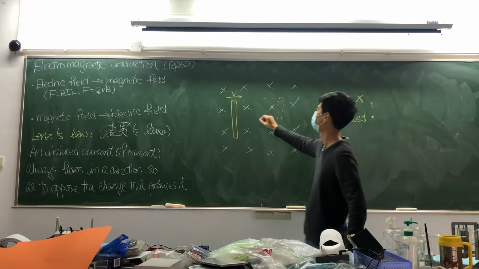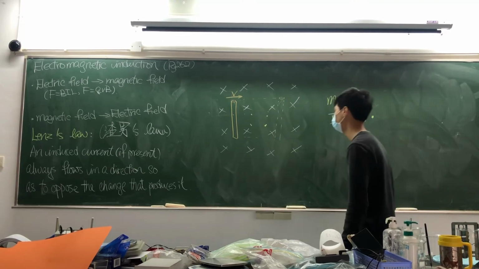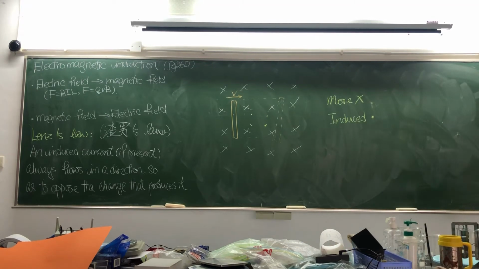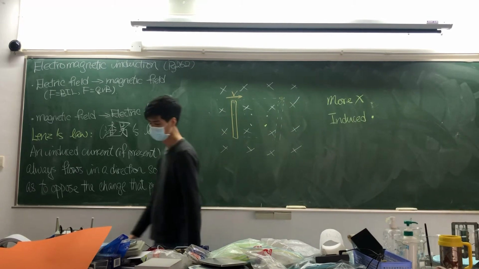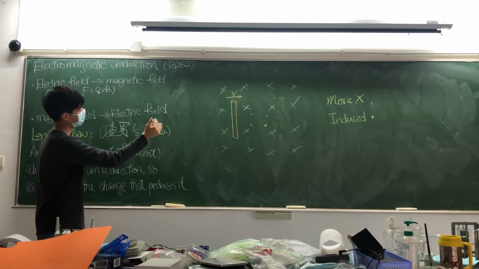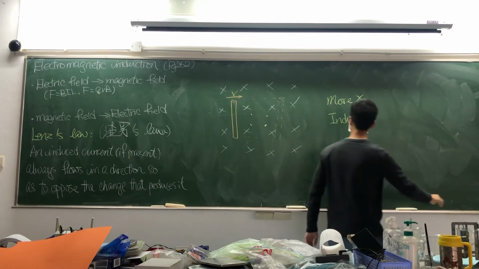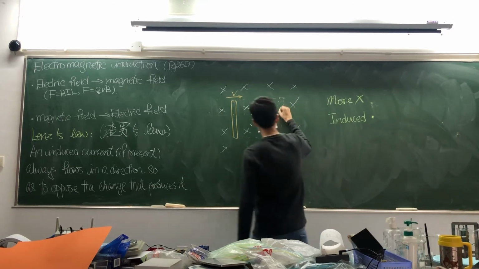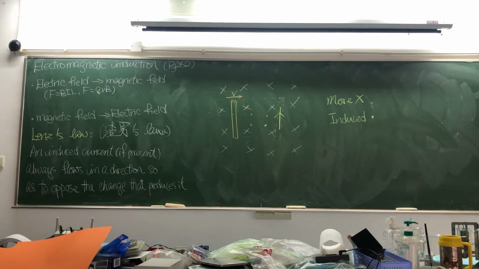So if there is some magnetic field pointing outward, then what is the direction of the current? The direction of the current is pointing in this direction.